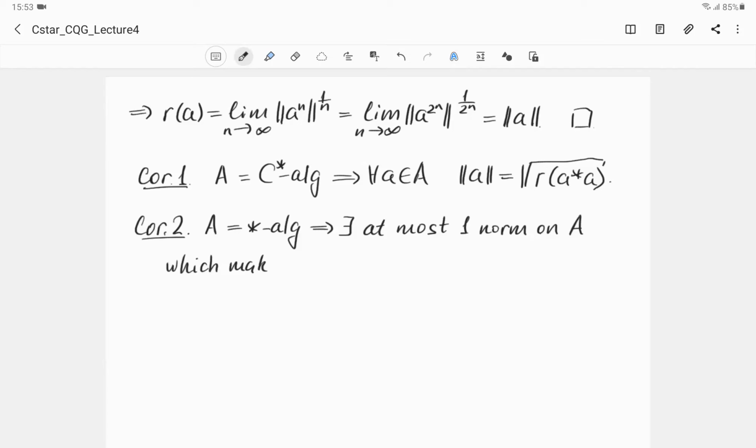We just took the spectrum of the same element in the unitization, and the spectral radius is now defined in exactly the same way as in the unital case, and is calculated by the same formula. So theorem 1 and corollary 1 hold for each C-star algebra, not necessarily unital. And so this corollary 1 implies that there is at most one norm on A which makes A into a C-star algebra.